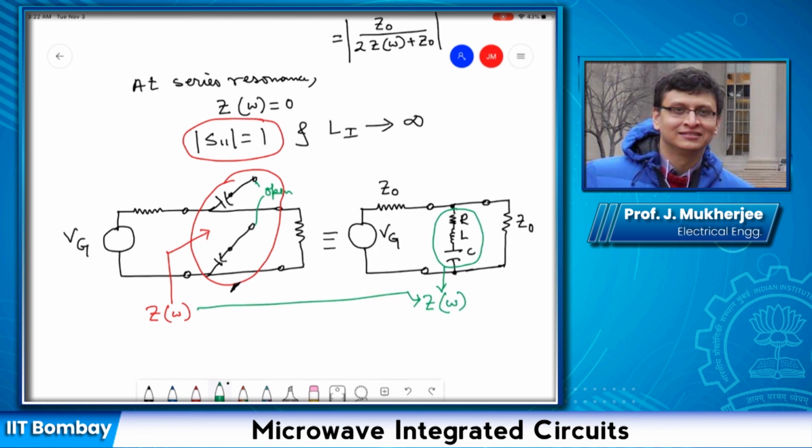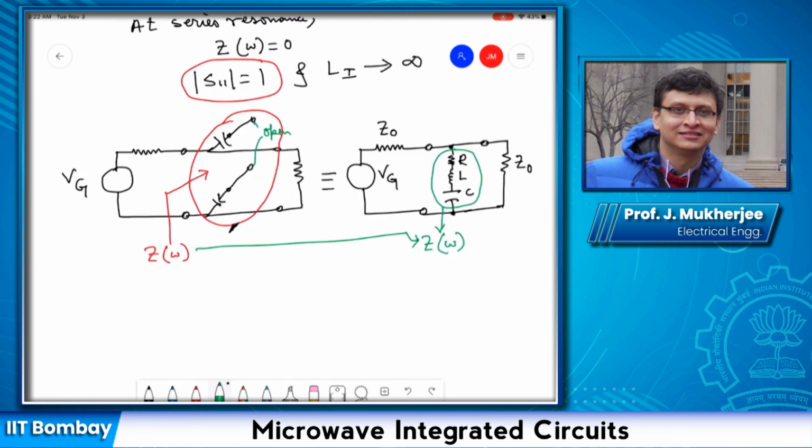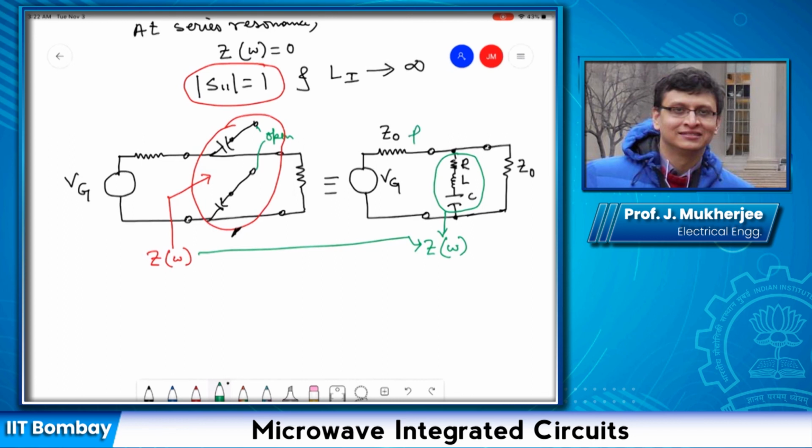Let me mark this port 1, this port 2. We know that Z of omega is equal to R plus j omega L minus 1 by omega C. This is the input impedance of this series resonator in terms of the circuit parameters.